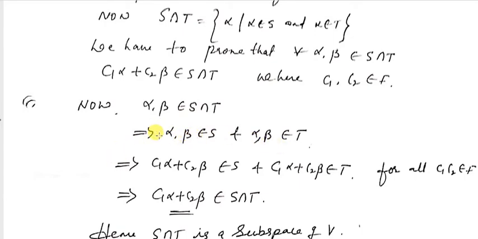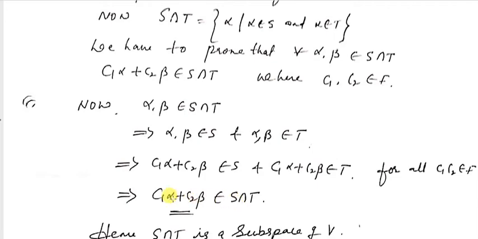Then for C1, C2 belonging to F, I will take their sum with respect to the scalar multiplication. C1 alpha plus C2 beta belongs to S and C1 alpha plus C2 beta belongs to T for all C1, C2 belonging to F. If this element is in S and in T, together we can write that C1 alpha plus C2 beta belongs to their intersection.